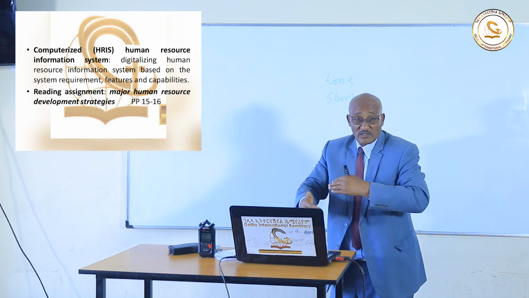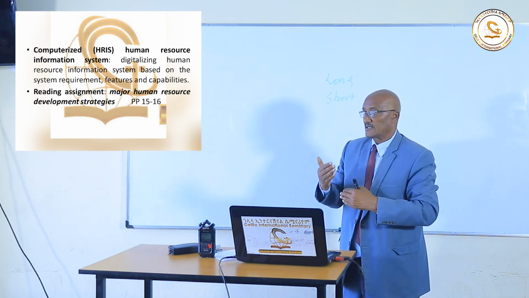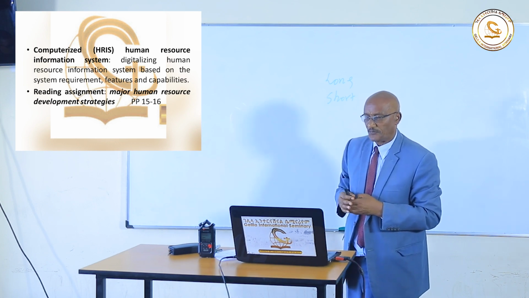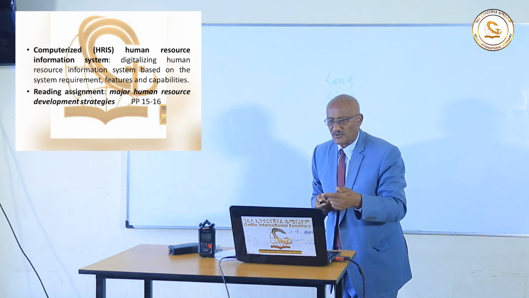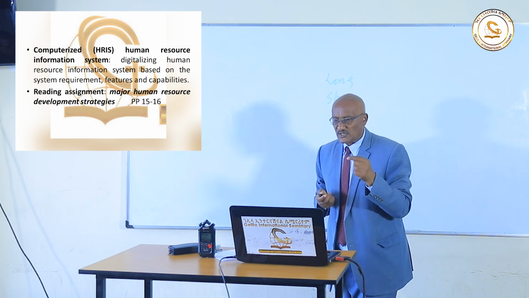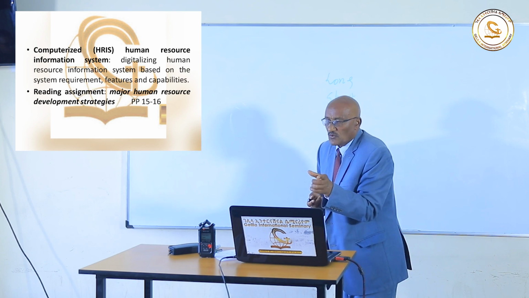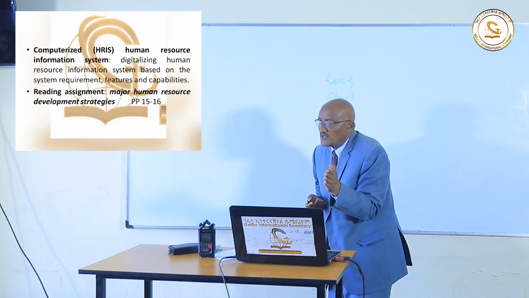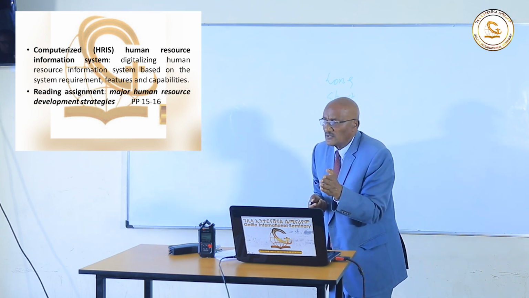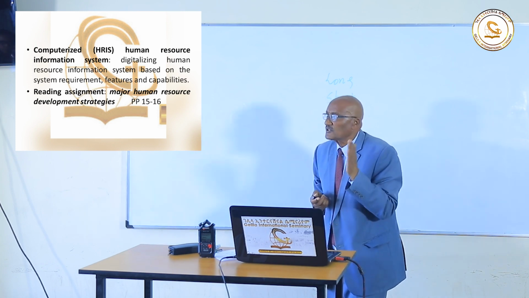Now you have to make it digitalized. Information should be digitalized. So digitalizing human resource information system is based on system requirements, features, and capabilities. What are some of the system requirements? What are some of the features? And the third point is capabilities.